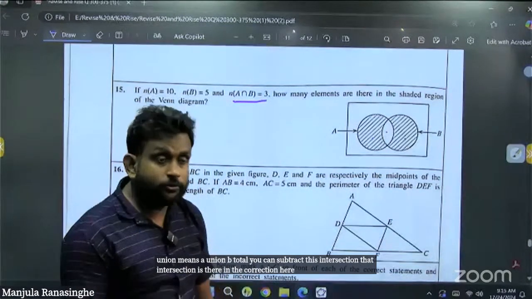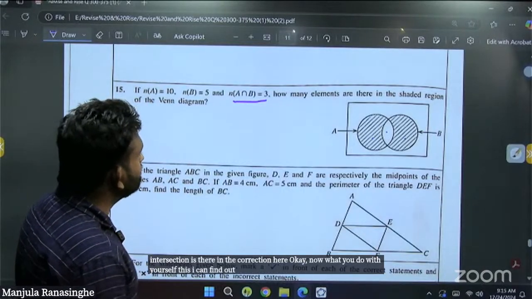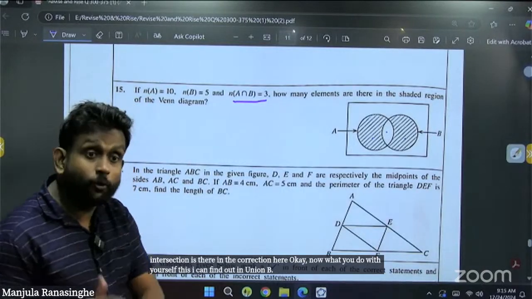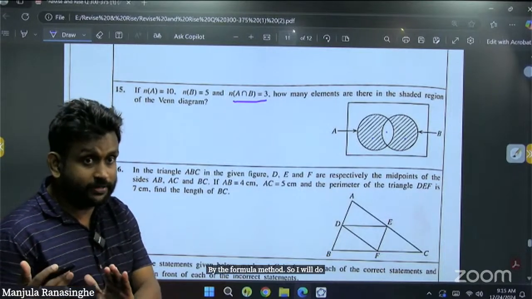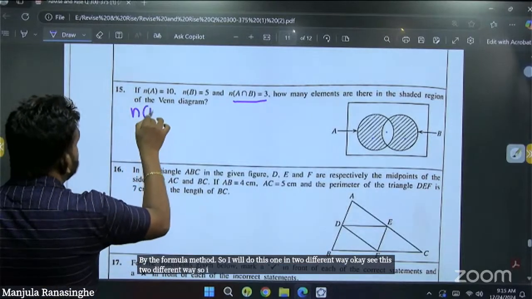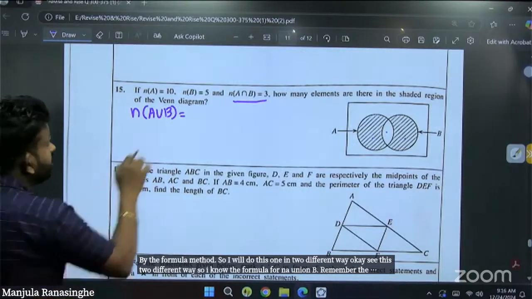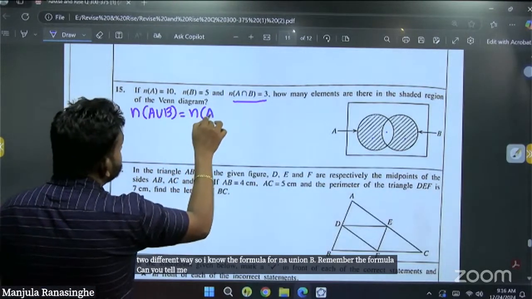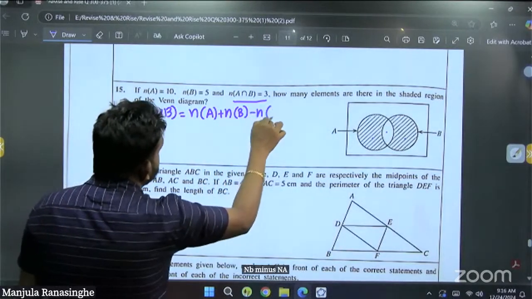Now I can find n(A union B) by the formula method. I will do this in two different ways. So I know the formula for n(A union B). Remember the formula? Can you tell me? n(A union B) equals n(A) plus n(B) minus n(A intersection B).